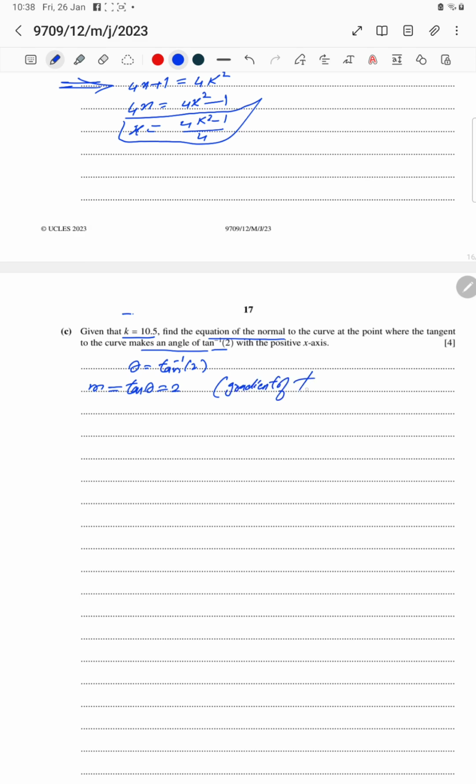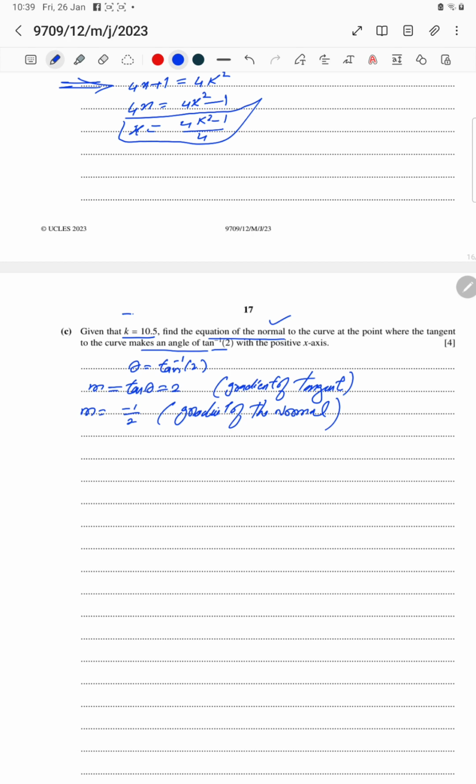We can say it is the gradient of the tangent line. So what will be the gradient of the normal? That will be minus 1 by 2. That will be the gradient of the normal line, because these two are perpendicular to each other, tangent and normal.